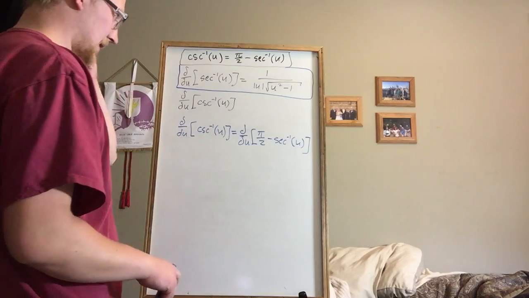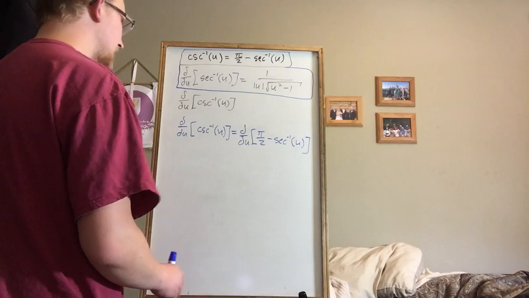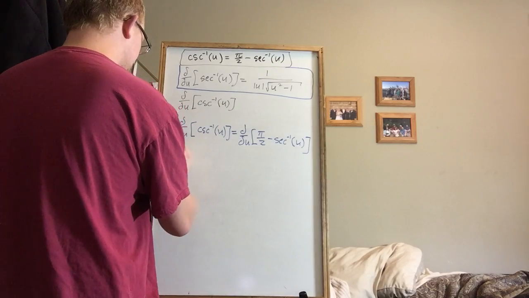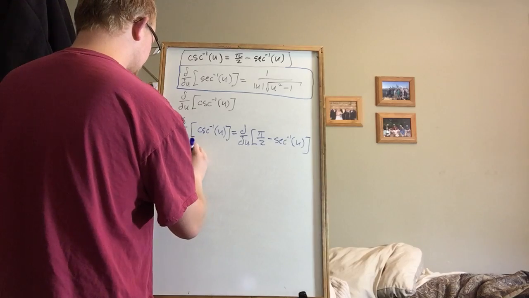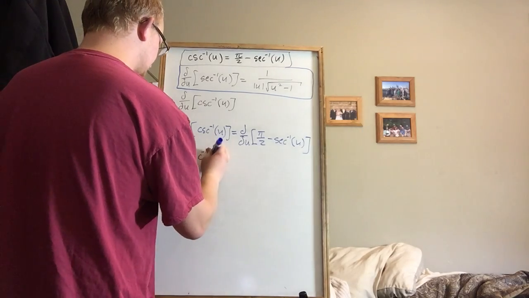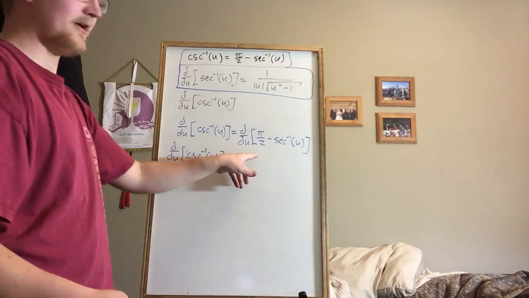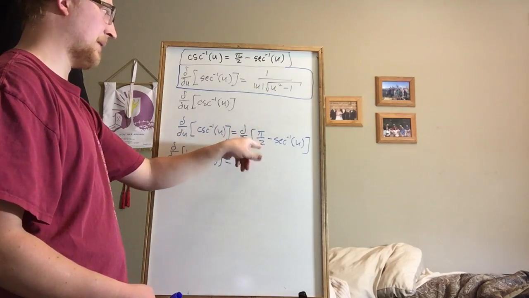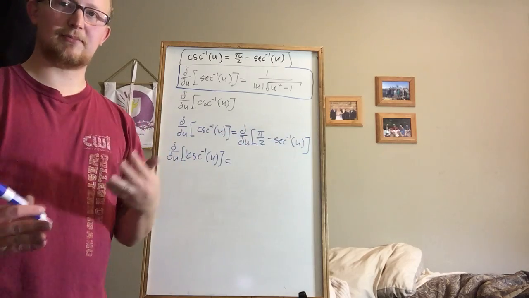Alright, so now on this side, we're trying to figure out how to take the derivative of it. So we know that the derivative with respect to u of the inverse cosecant, arc cosecant of u, is equal to, and we can apply linearity and take d du of pi halves and d du of secant inverse of u separately.